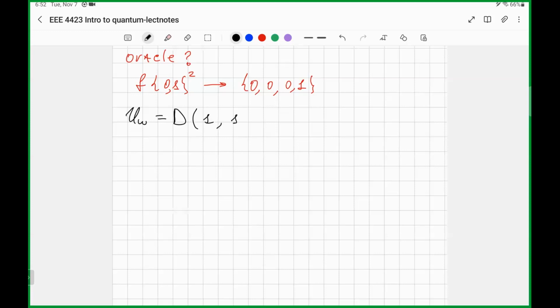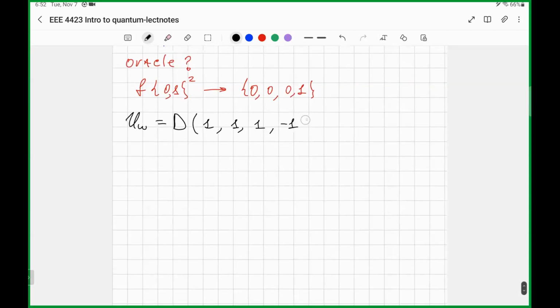So these 3 elements must be equal to 1, but the last one must be equal to -1, because -1 to the power 1 is -1. Okay. So this is the oracle for the 2-qubit problem.